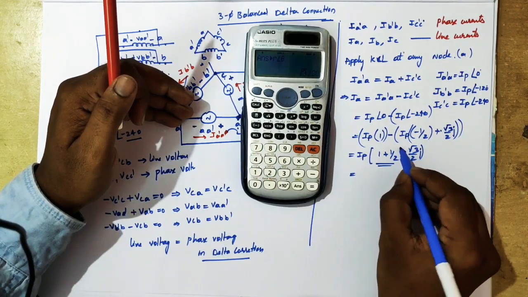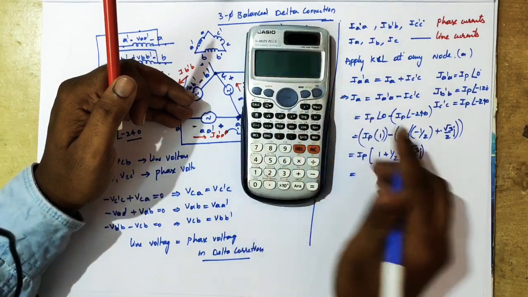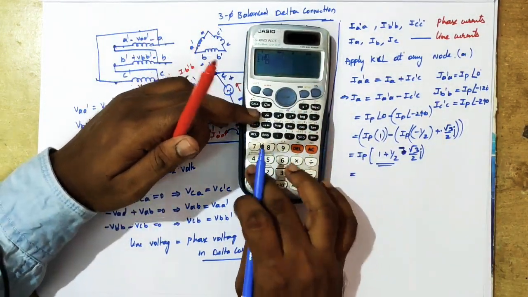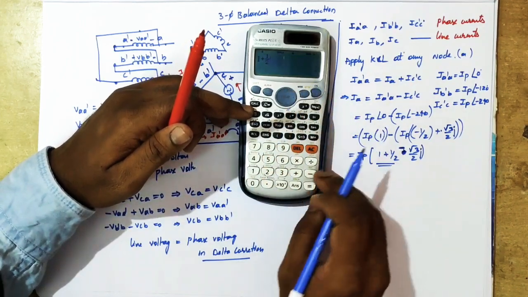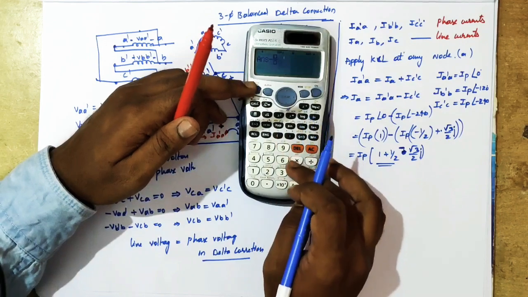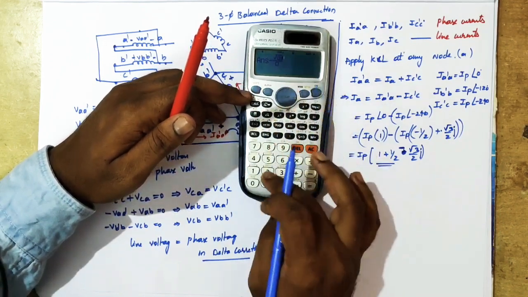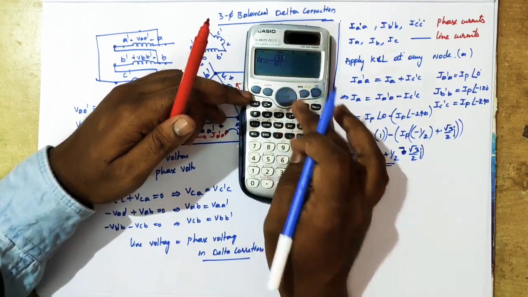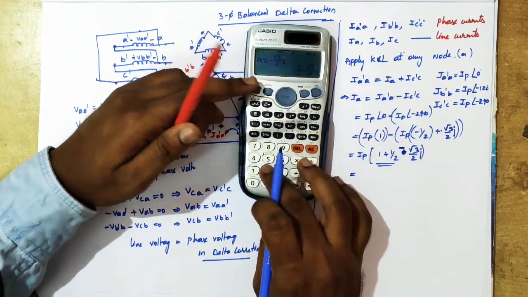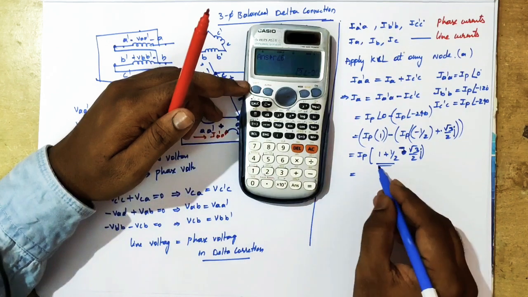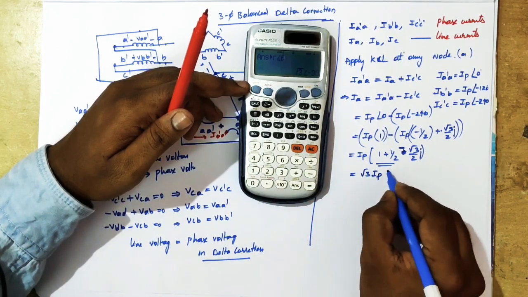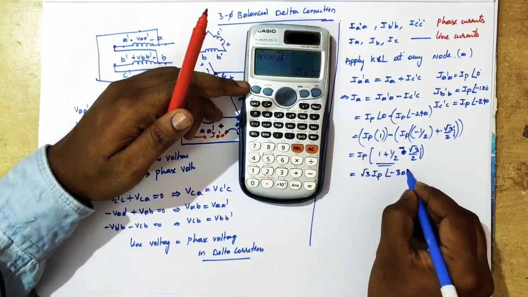This is minus, you will get minus of minus, right? So 1 plus 1 by 2 is 3 by 2, right? 3 by 2 minus root 3 by 2 j. I need to convert this to polar form. You obtain root 3 I phase at an angle of minus 30 degrees.